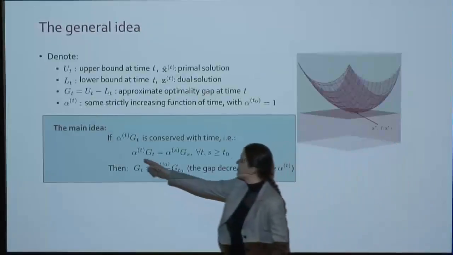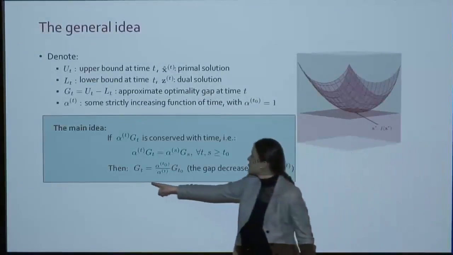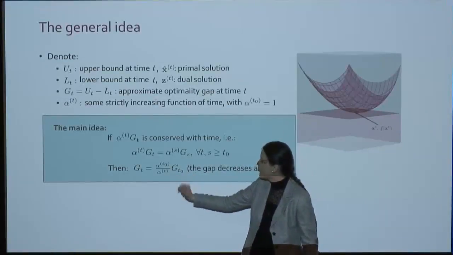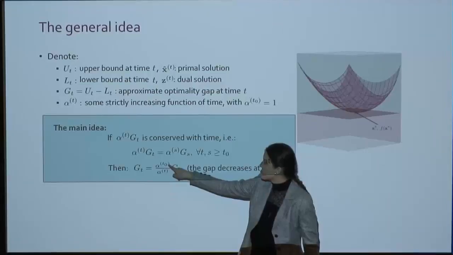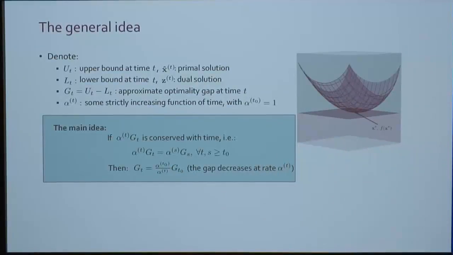Doesn't matter. So the main idea, super simple. What I want to conserve over time is alpha of t times gt. So my gap scaled by a strictly increasing function of time. If this is the case, then it immediately means that my gap decays as 1 over alpha t. It is the initial gap times this, which is just 1 over alpha t. Right? There are some basic requirements.